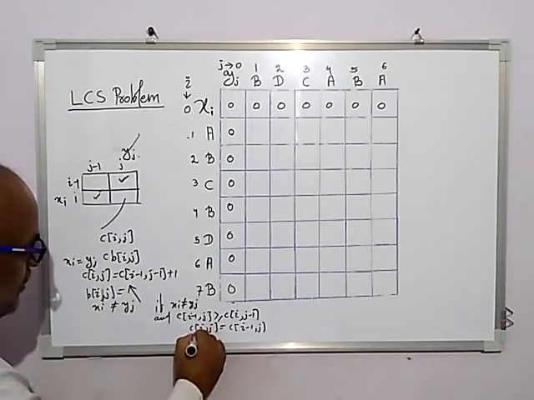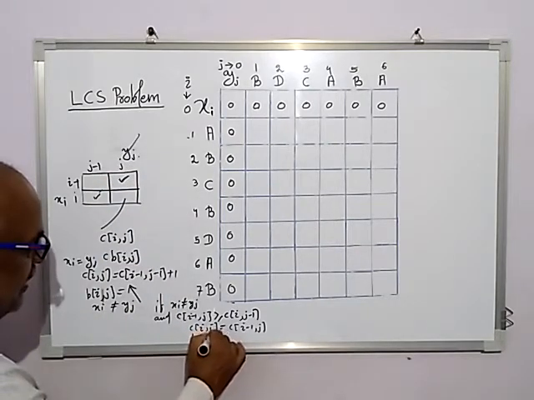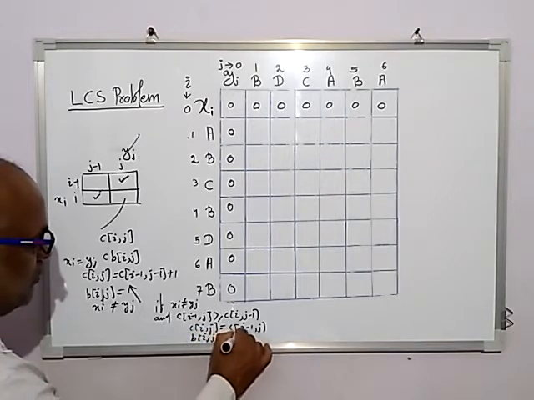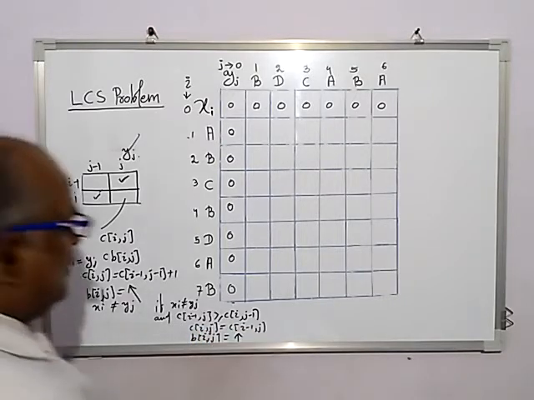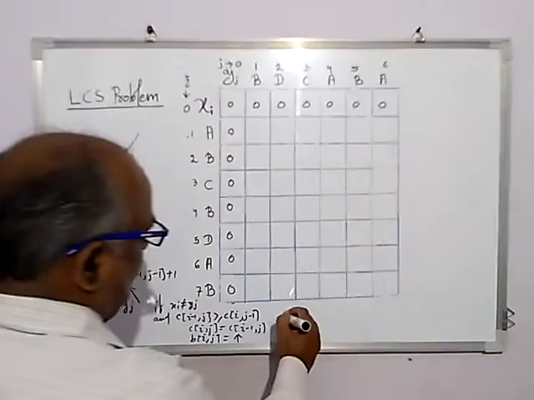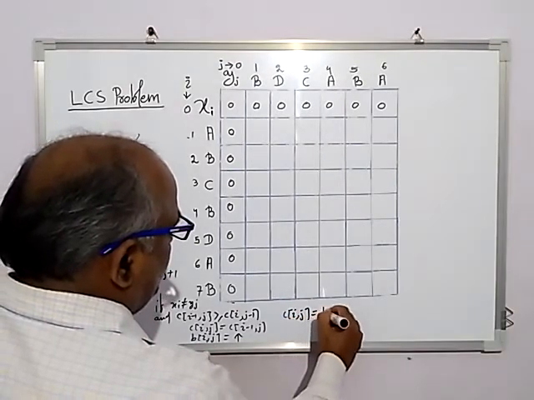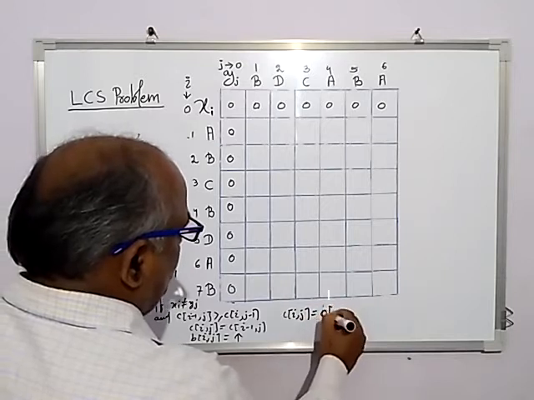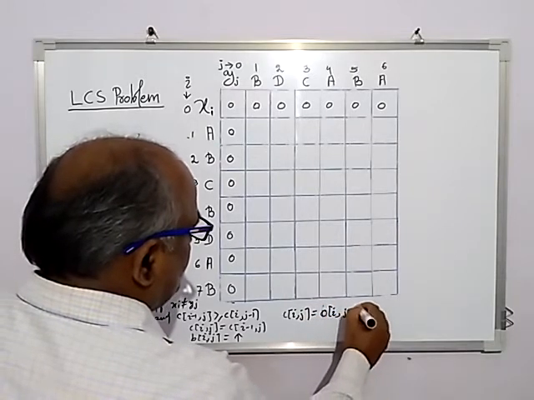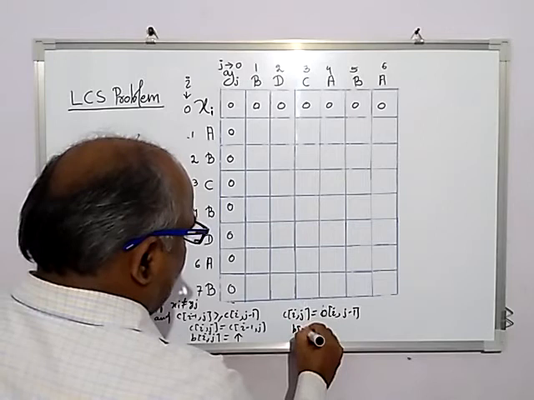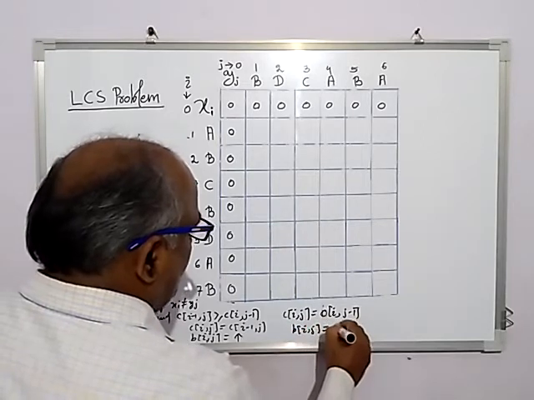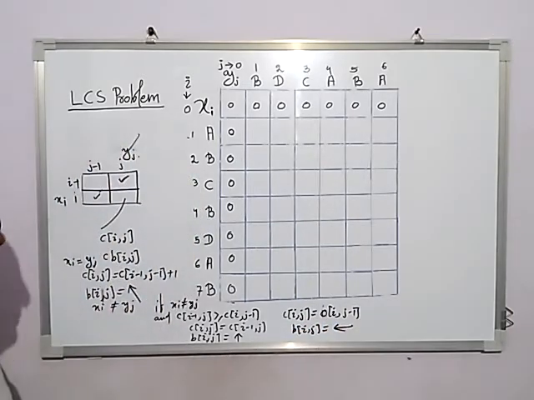And what is B of ij? B of ij equal to upper. Similarly, if this condition is false, then C of ij equal to C of i, j minus 1, and B of ij equal to which arrow? This is sleeping arrow. You remember three things.